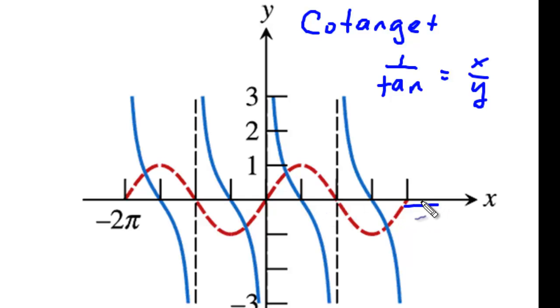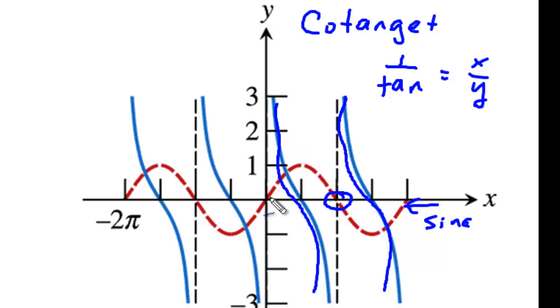So here's the sine function, and when the sine function is at 0, we'll get our asymptotes on the cotangent. Notice that the graph is decreasing on each section for the cotangent. And every place the sine is 0, we have our asymptotes.